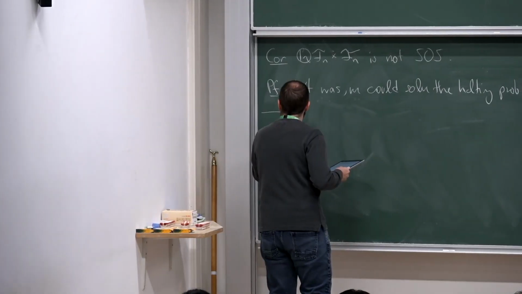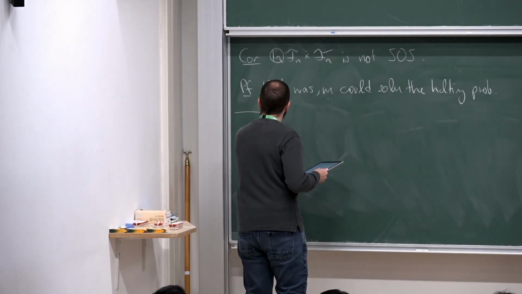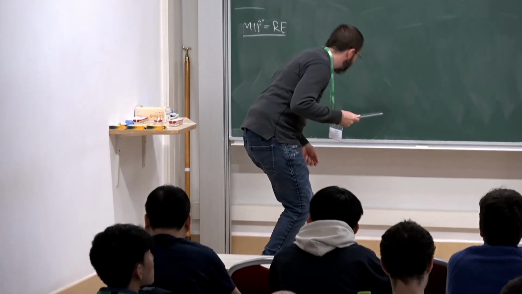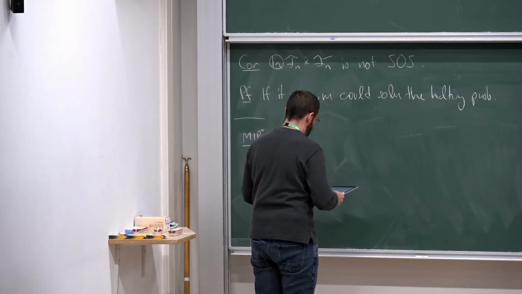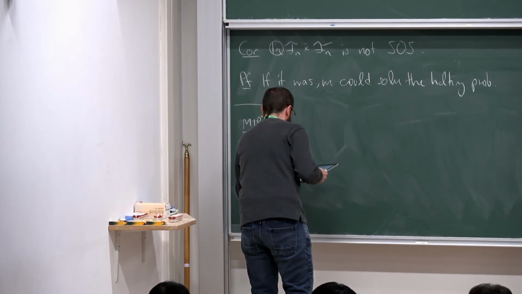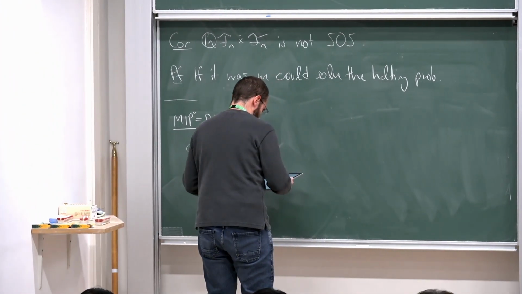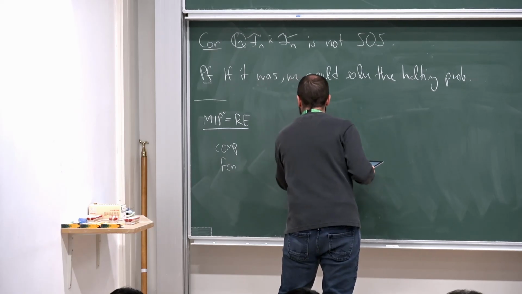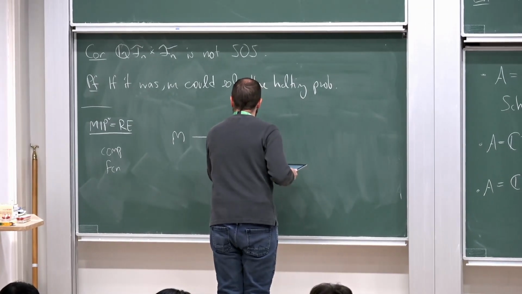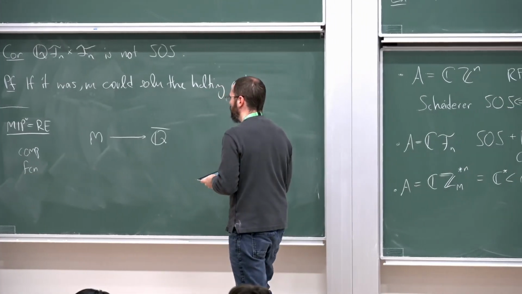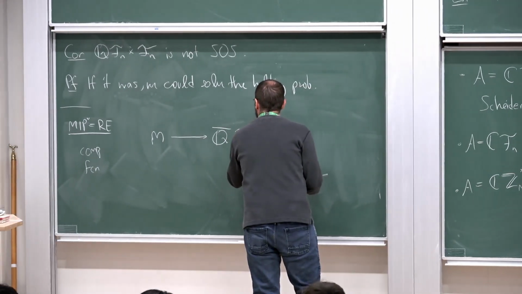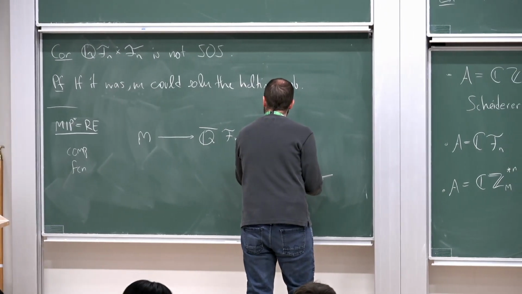If we look at what MIP star equals RE says, there we have a computable function, and it goes from Turing machines again to, technical aspects are a little different, there we actually have to go to the algebraic closure of the rationals, but otherwise we can go to the same algebra.